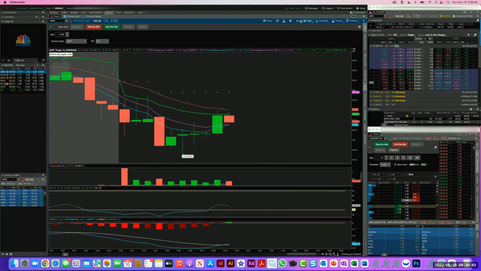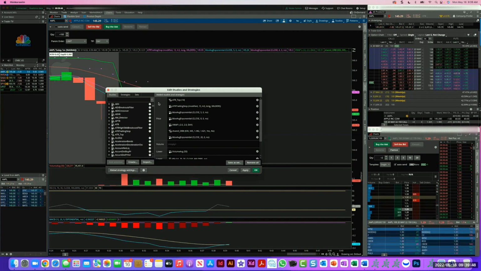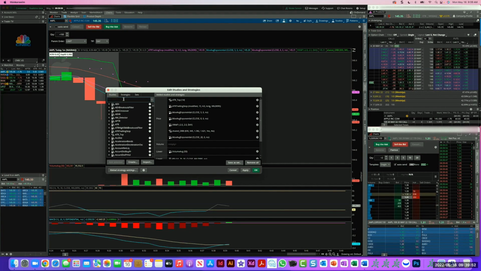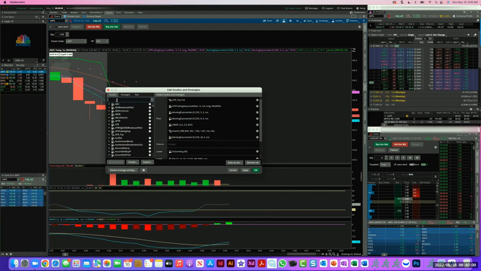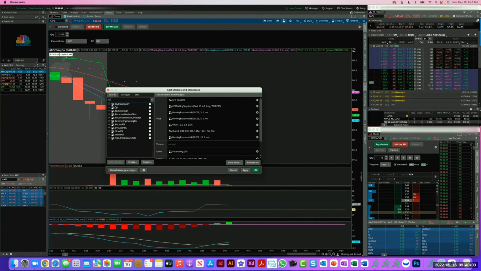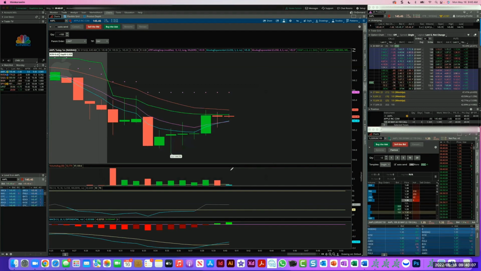For example, let me show you what I have. I go to studies and I just type in MACD and I choose the one on the top. I don't choose any of the special ones here. Same thing for RSI. For RSI, I just choose the regular RSI. I don't make any changes to the settings.